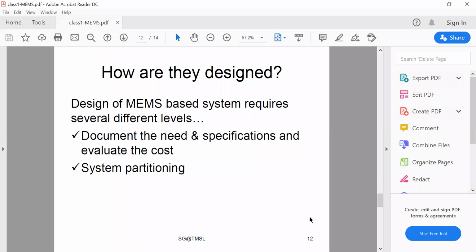And how are they designed? The design of a microsystem requires several different levels. On one level, the designer must document the need and specifications for a proposed microsystem, evaluate different methods by which it might be fabricated, and if the device is to become a commercial product, further evaluate the anticipated manufactured cost.